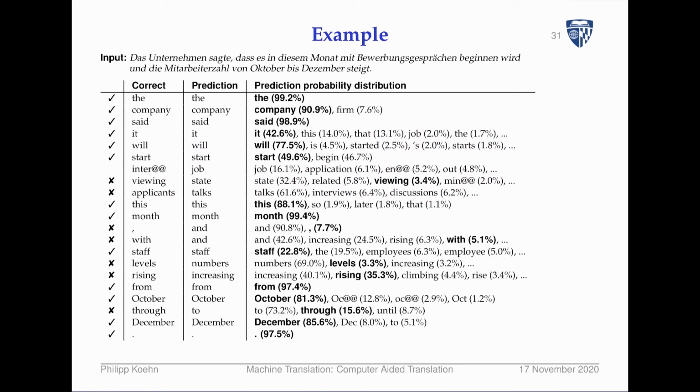Here's a nice illustration of how this works on a real example. Here's the input sentence, a fairly long German sentence: Das Unternehmen sagte, dass in diesem Monat mit Bewerbungsgesprächen beginnen wird und die Mitarbeiterzahl von Oktober bis Dezember steigt. Okay, whatever that means.